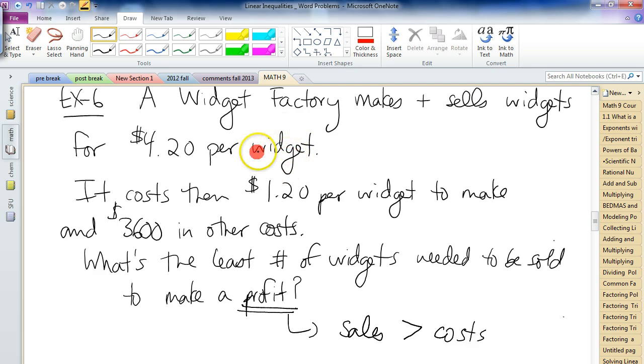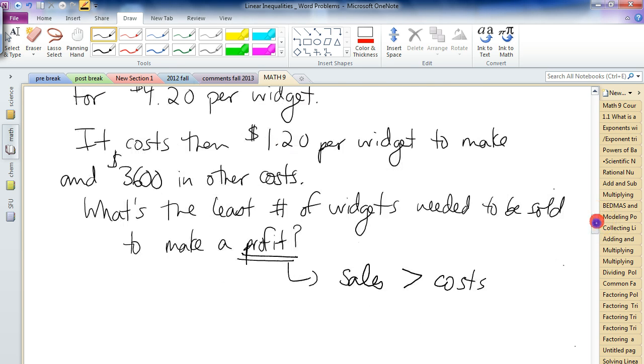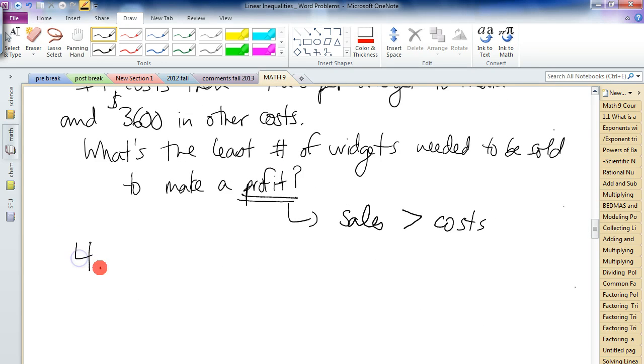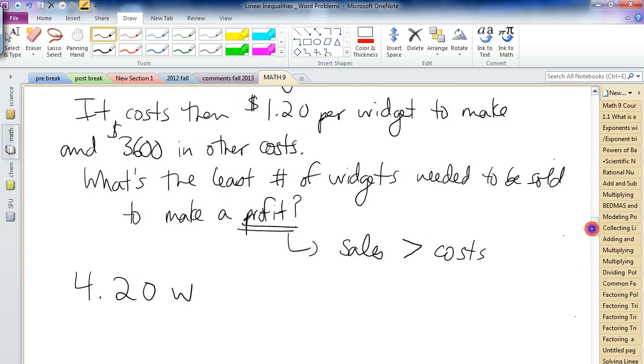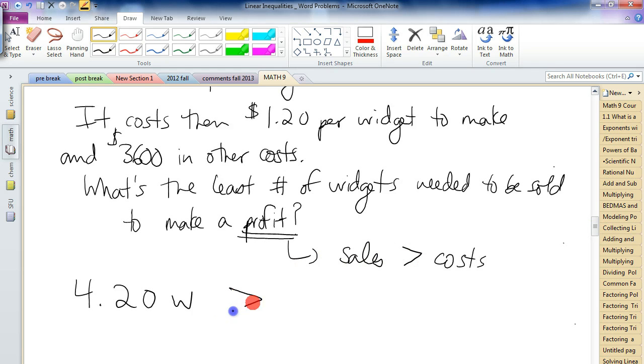Let's call it W for widgets. So $4.20 per widget, which means times widgets. Don't do the lame little times sign there, just come on. That means times. So that's our sales, and that has to be greater than, of course, the costs.